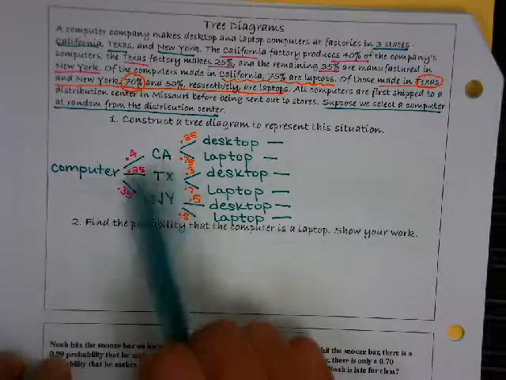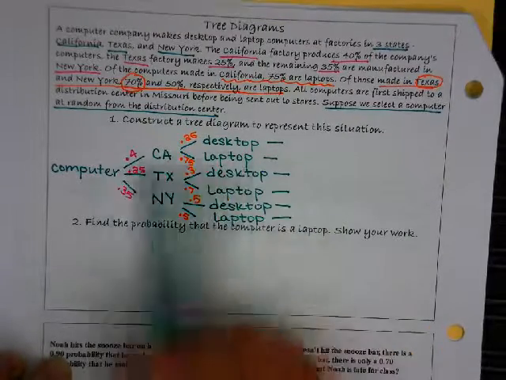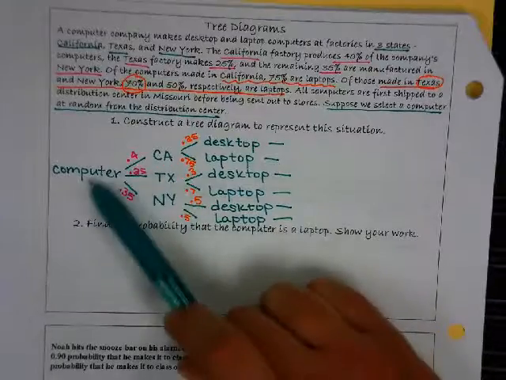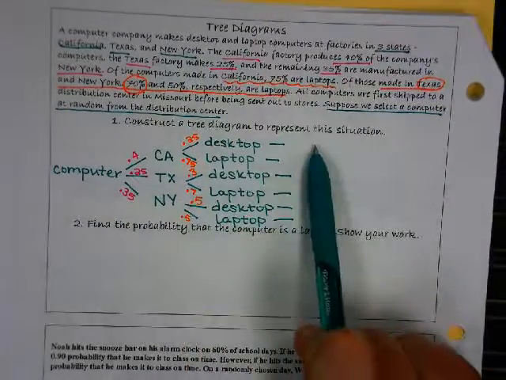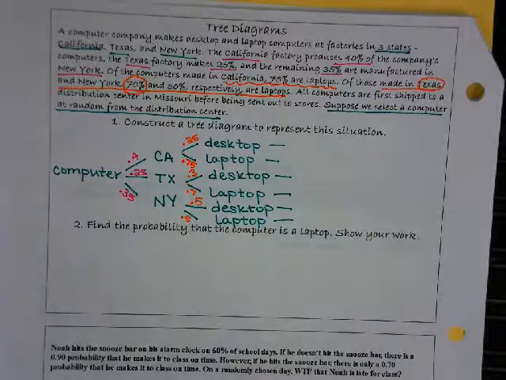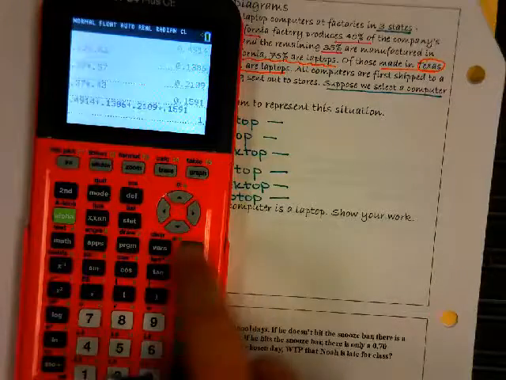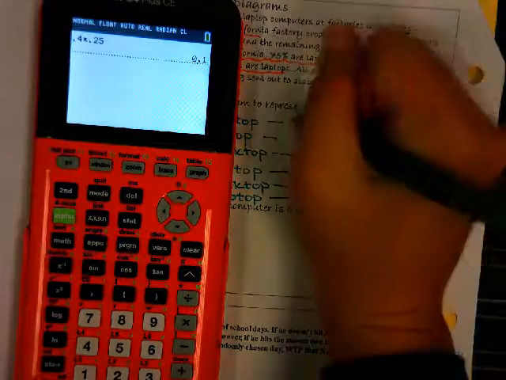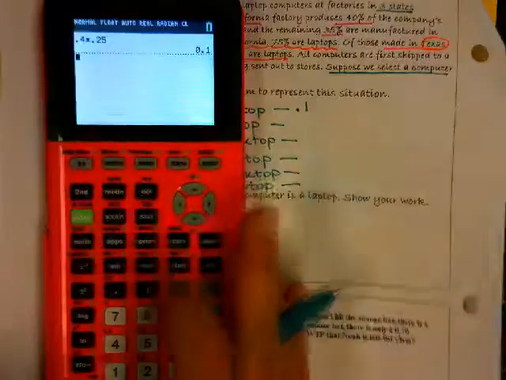And the way I get these last numbers is I multiply the numbers of the branches that lead there. So for this one, from computer I go 0.4, 0.25, so I'm going to multiply those together to get my number at the end of that branch. So we get 0.1. I'm going to put that over there.